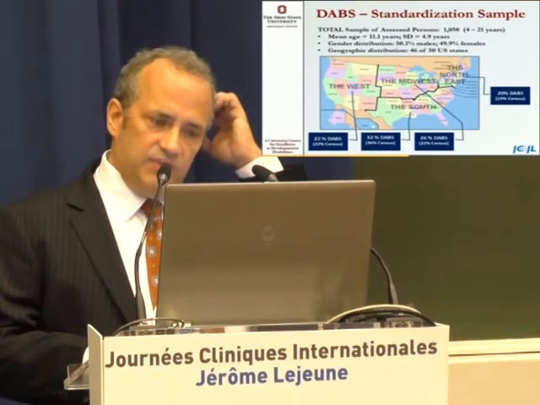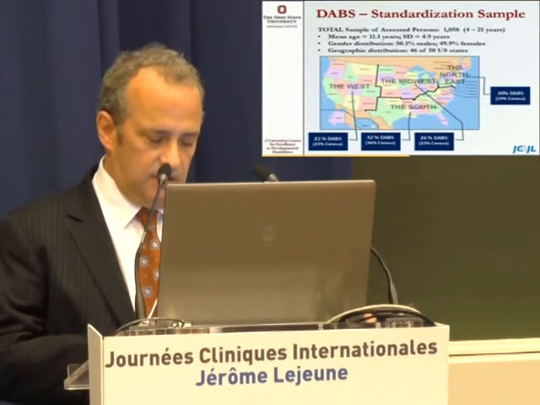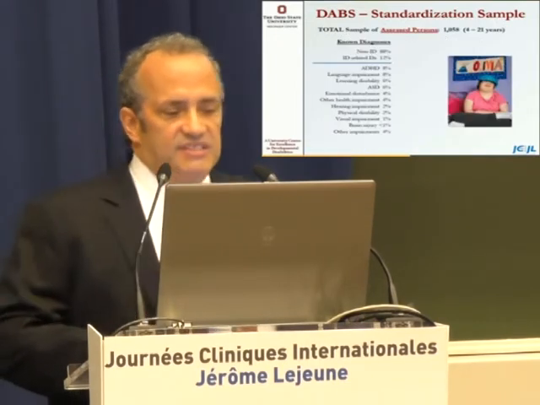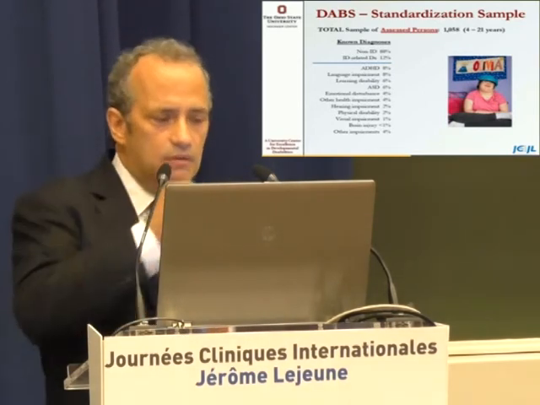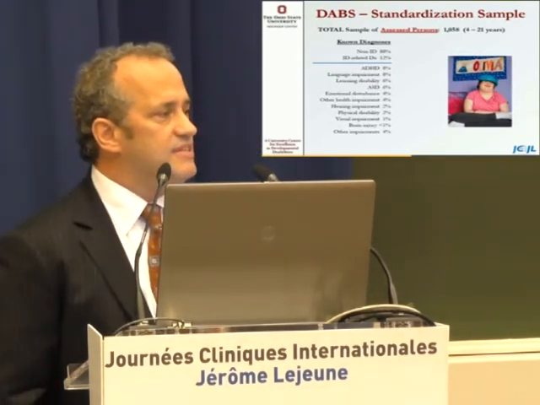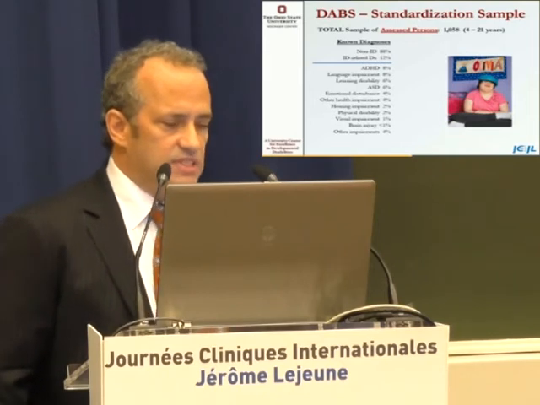We had 50-50 men and women, and 46 of 50 US states involved in our sampling. For the assessed persons, you'll see we oversampled people with intellectual disability, because we wanted to look at sensitivity and specificity. I'll show you that in a minute.